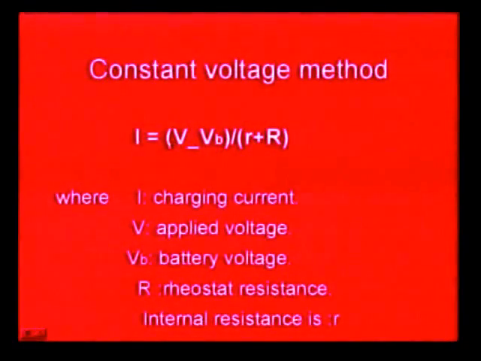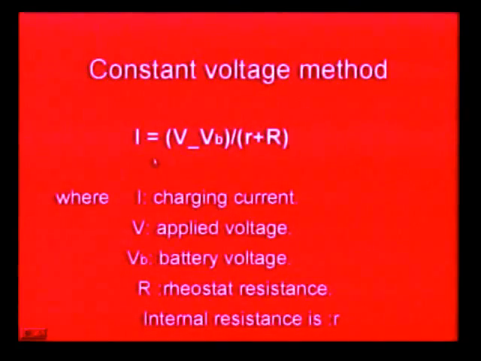Here the current I is equal to (V minus VB) divided by (r plus R), where I is the charging current, V is the applied voltage, VB is the battery voltage, capital R is the resistance of the rheostat, and small r is the internal resistance of the battery.